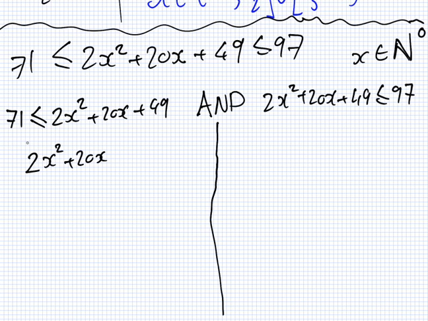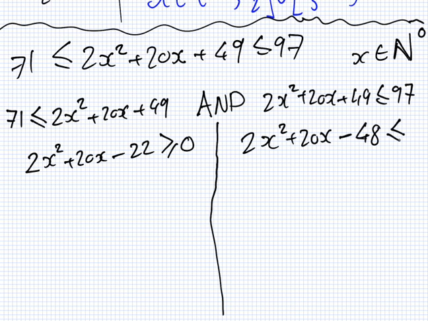What's that? Minus 22. That should be positive. And here I get 2x squared plus 20x. And then what's this one? 49 minus 97, 48. Can we double check that? 49 minus 97? Negative 48. Smaller than 0.